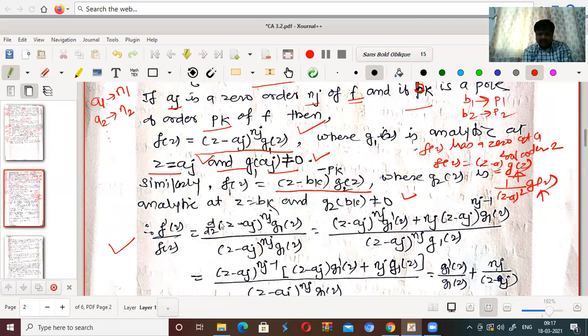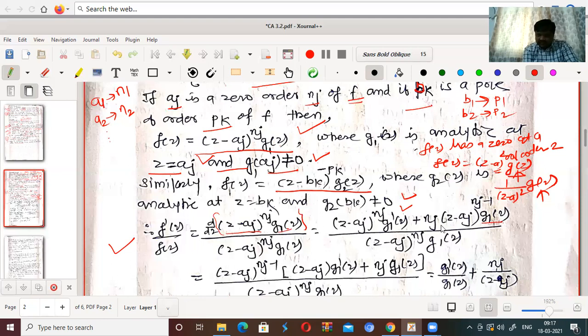I will use the u into v formula here: first function as it is, derivative of g1 of z, that is g1 dash z, plus second function g1 of z as it is, times the derivative of the first function with respect to z, that is nj into (z minus aj) to the power nj minus 1 into g1 of z.